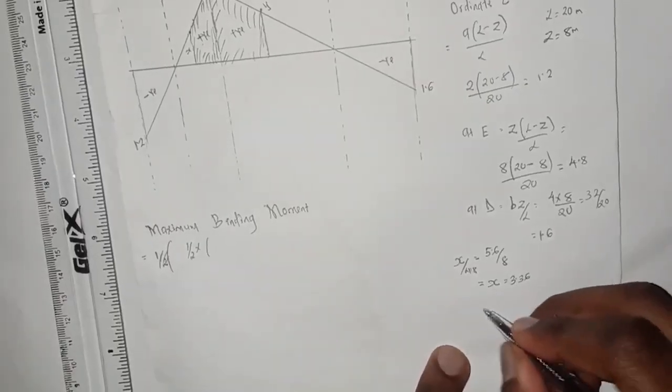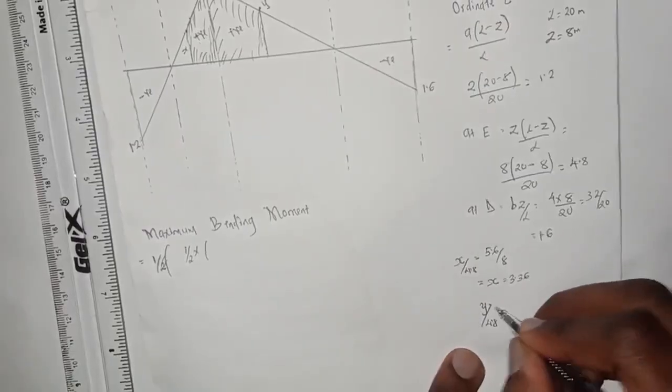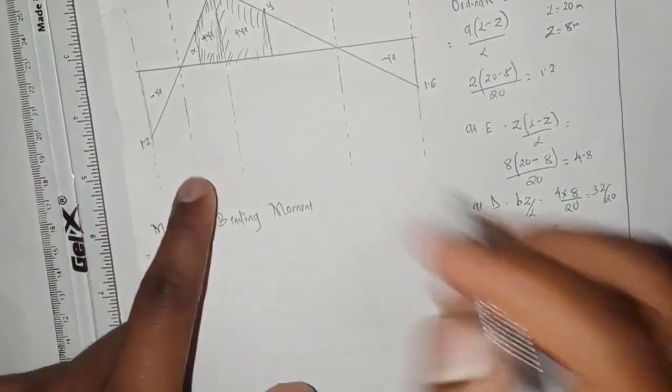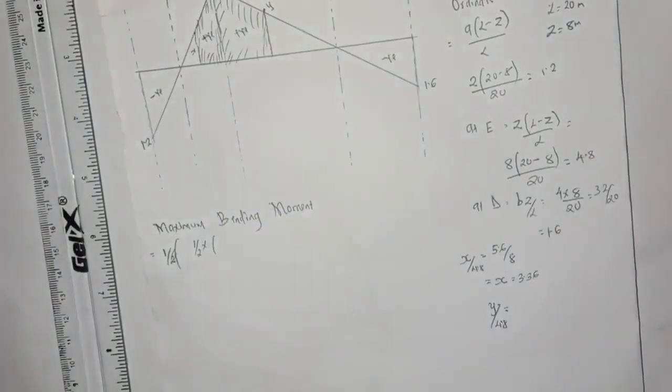So y all over 4.8 equals, from this point to this point it is 12.